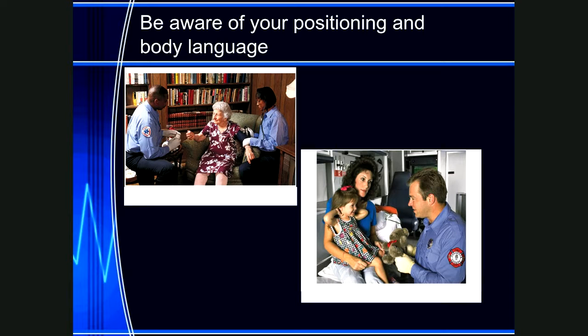Think about the elderly patient sitting in a chair, like in the picture, or laying down in bed. Get down to their eye level. When you crouch down, it does make a difference. It reduces the size difference, of course, and greatly improves our communication with them.